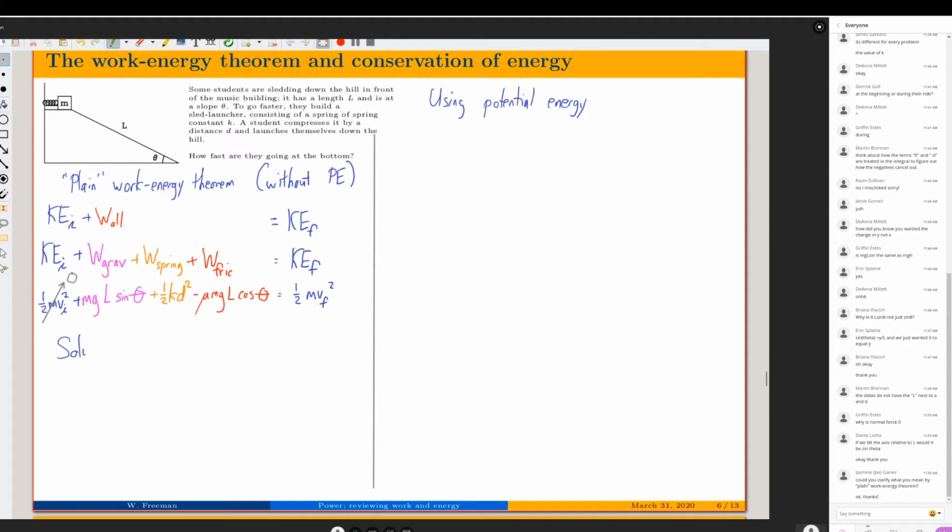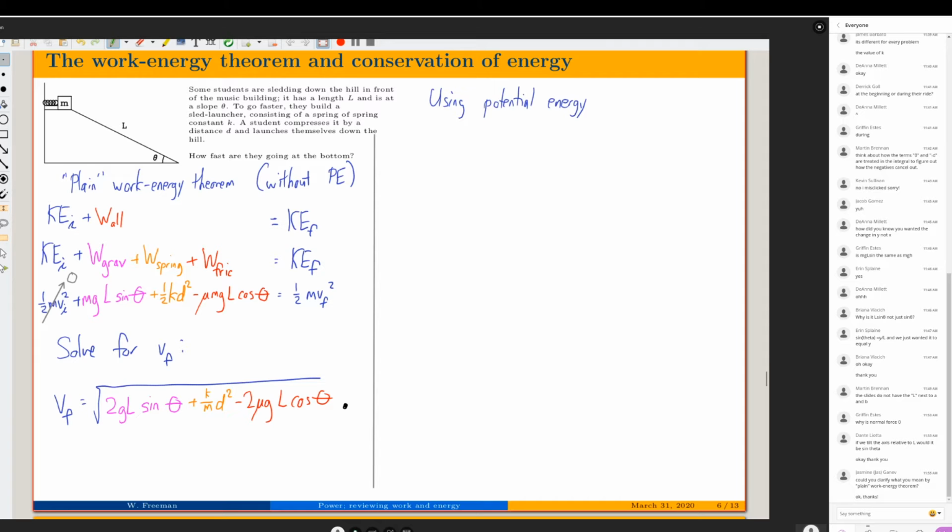So that means that I can solve for Vf, and that gives me Vf is the square root of 2gL sine theta plus k over m d squared minus 2 mu g L cosine theta. So this is doing this problem. Notice I never said potential energy anywhere.